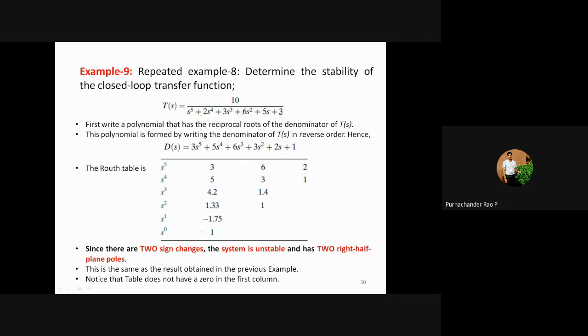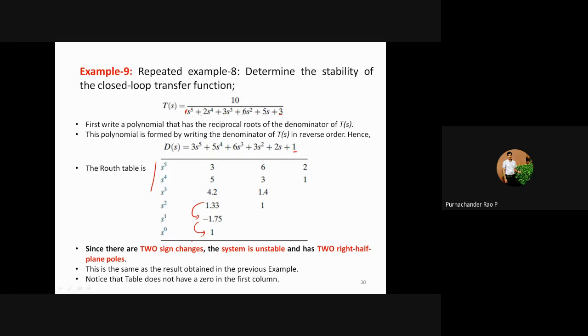If you get a 0, you can also do it in this manner, writing the coefficients in the reverse order: 3 s power 5, 5 s power 4, 6 s cube, 3 s square, 2 s plus 1. The S power 5 coefficient is 1, so this coefficient should be written as 1. Then you write the Routh table, and you will also get two sign changes.